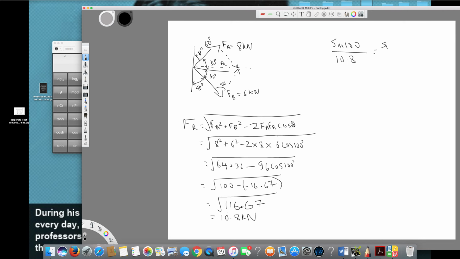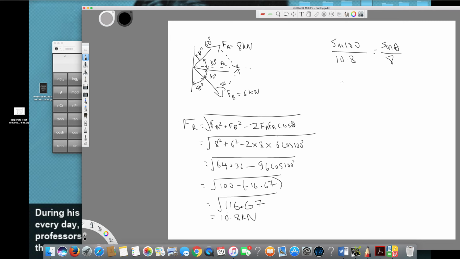Let's say the angle is theta over whatever is opposite to that. If we want to find with this one, we have to use sine 50. Let's choose the downside. The side opposite to it is 8 kilonewtons. This line is parallel to this one, 8 kilonewtons. So we have to use that 8 here.